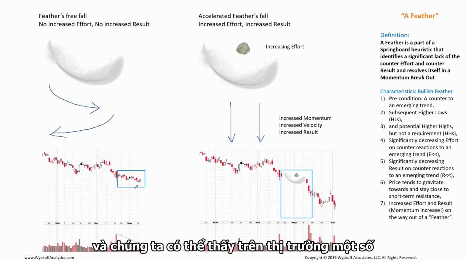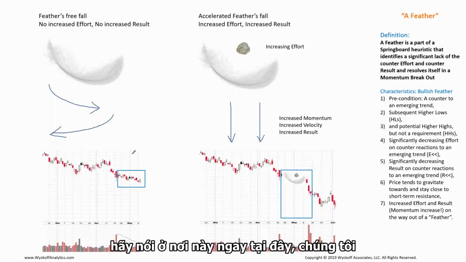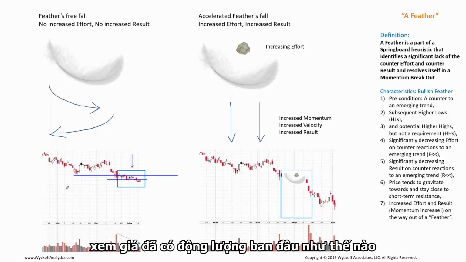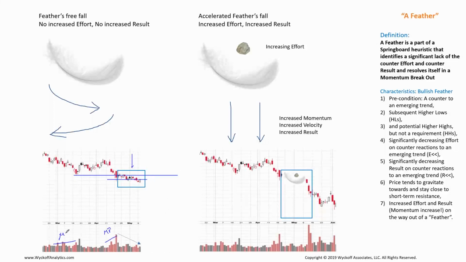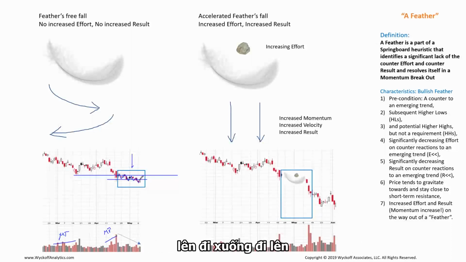And we could see in the market some places like this, where, let's say in this place right here, we see how the price had initial momentum, and then after that, the price goes down, goes up, goes down, goes up, goes down, goes up. And this movement is reminding me of a feather.